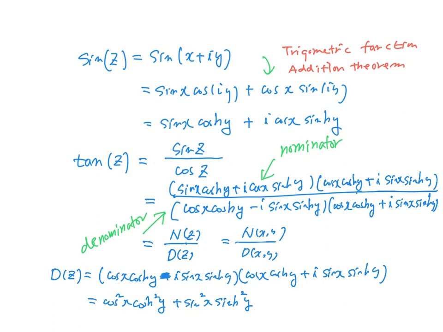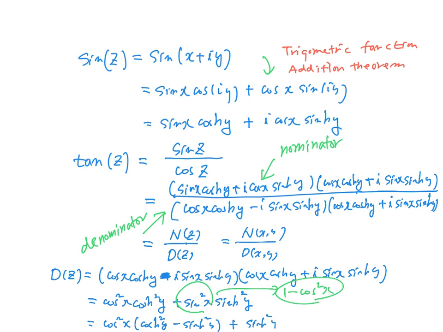Actually, it can be simplified a little bit. I'm going to use sine square x equals 1 minus cosine square x. Then what happens is cosine square x cosine hyperbolic square y minus cosine square x sine hyperbolic square y plus sine hyperbolic square y.